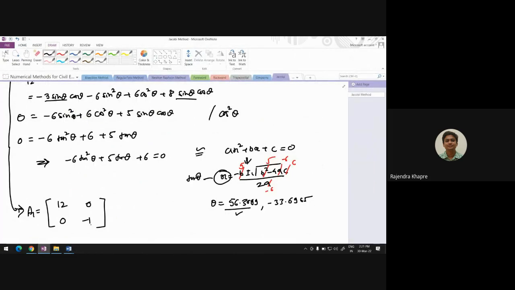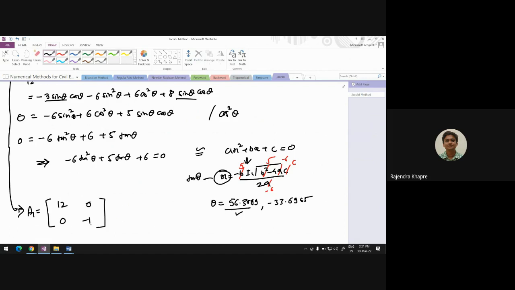You only have to substitute theta in three equations because A12 and A21 are the same. You should get this, 12, 0, 0 and 1. Alright?